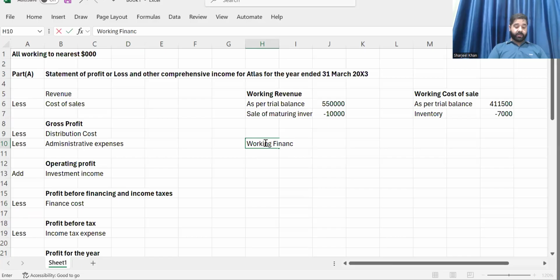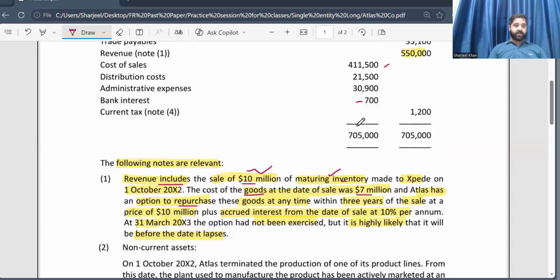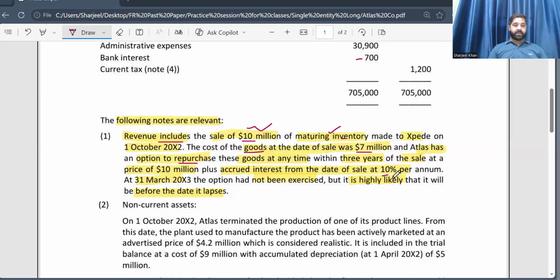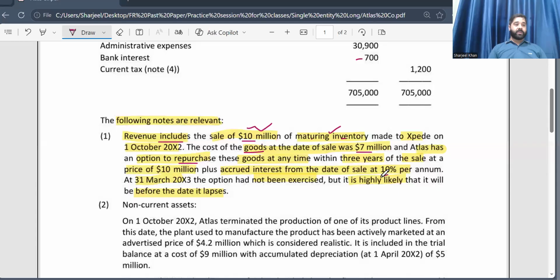Working: finance cost. The balance as per the trial balance is 700. Now, interest cost is equal to 10 million, so 10,000 multiplied by the rate of interest of 10%, and multiplied by 6 by 12, because if you remember, I already told you the transaction date is 1st October 2002, while the year starts on 1st April 2002.